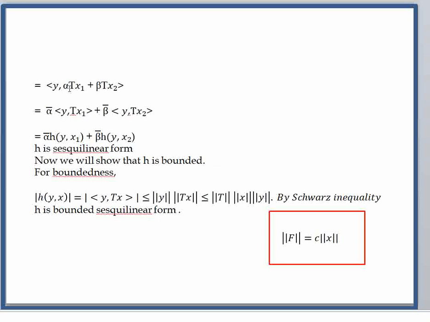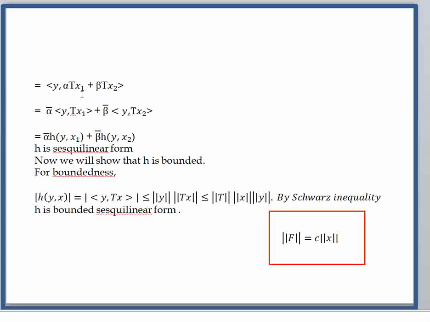Now by taking common ᾱ, because α may be a complex number, so the bar will come on α, and here the inner product of y, Tx1 is the representation of the sesquilinear form, so we can write it as h(x1, y), and the same here, the inner product of y, Tx2 can also be written as h(x2, y). So we have proved that h is a sesquilinear form.